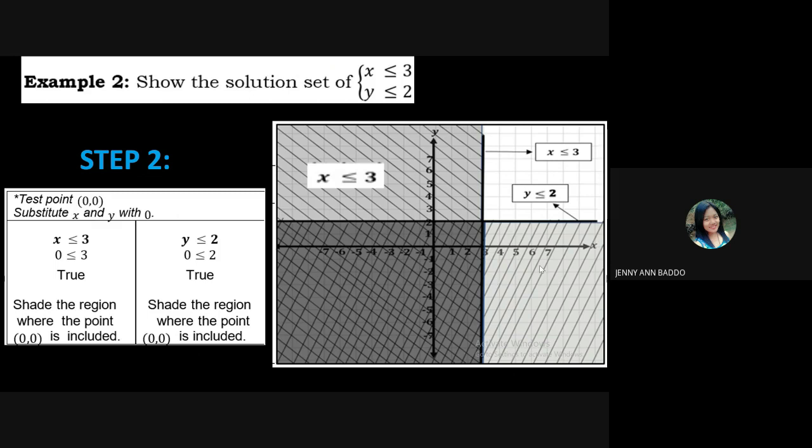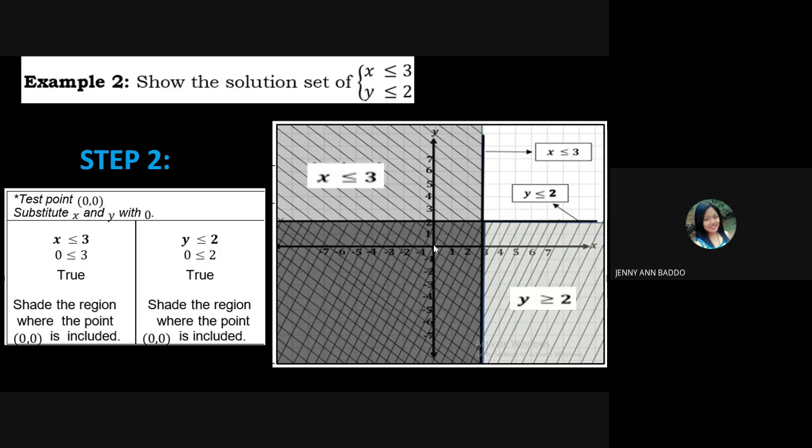And for the second inequality, y is less than or equal to 2, considering point (0, 0), which should be on the solution of the given inequality, we have to shade the lower region of the boundary line. That means this region is for y less than or equal to 2.